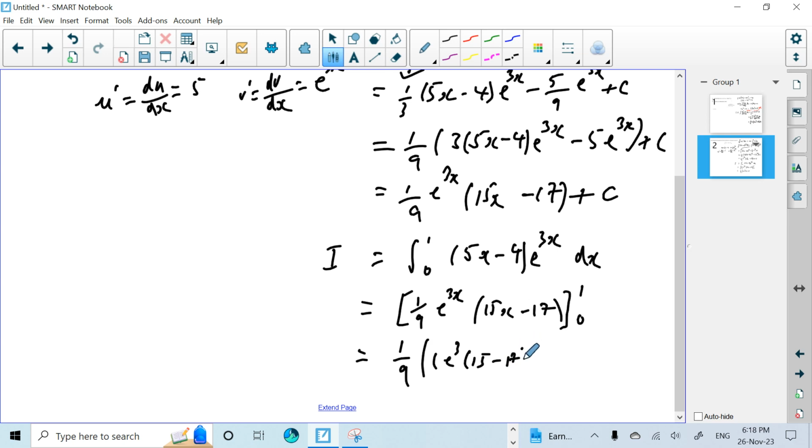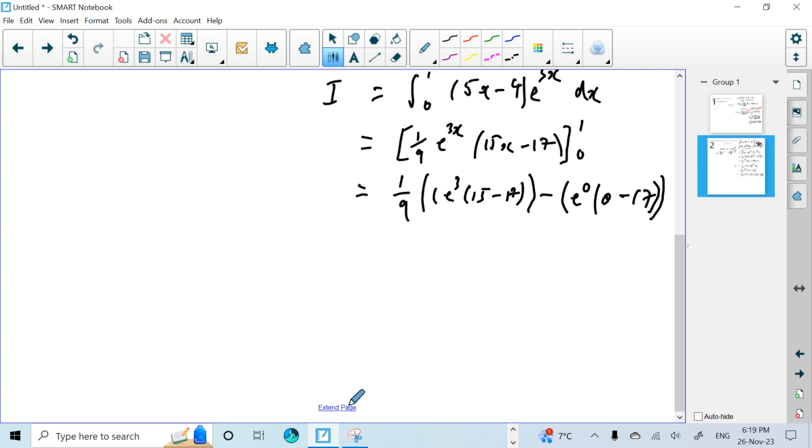And minus, open brackets, e to the 0, and 0 minus 17. Yeah, that's 15x minus 17. And of course, e to the 0 is equal to 1.